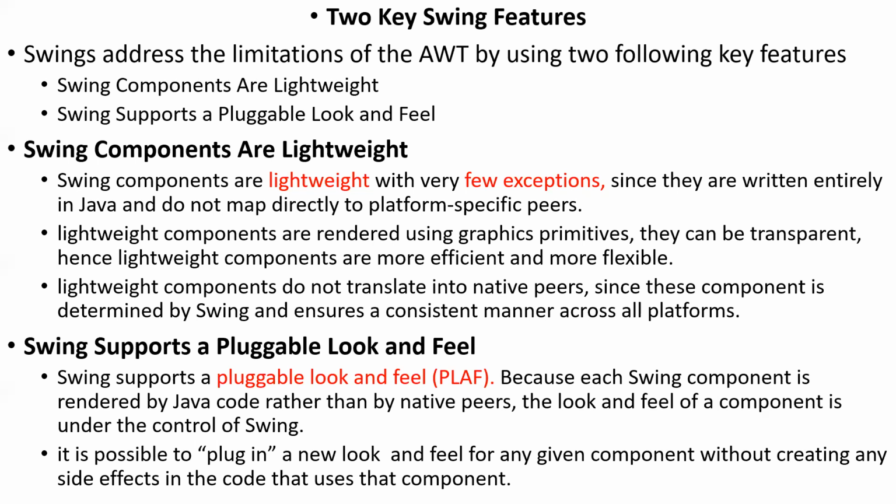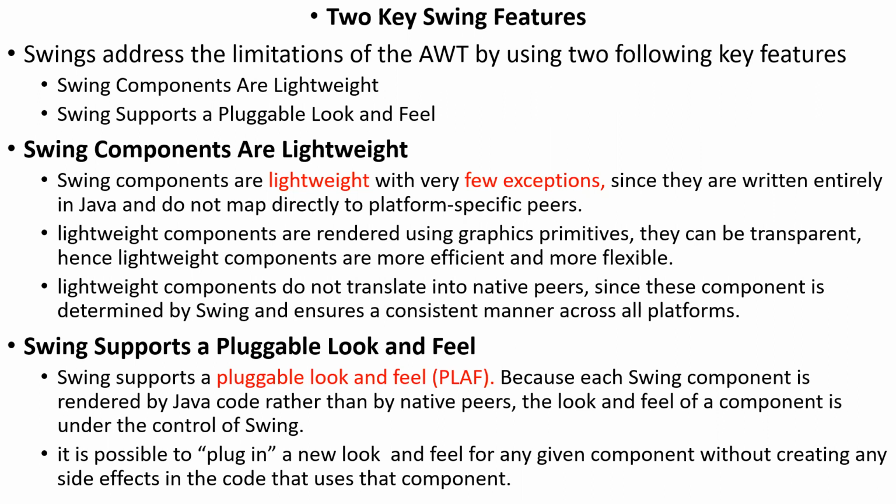Here, Swing components are lightweight because they may have fewer exceptions, and they are written entirely in Java. Purely in Java, and they are not platform specific because they are independent. Next, lightweight components are rendered using graphics primitives.